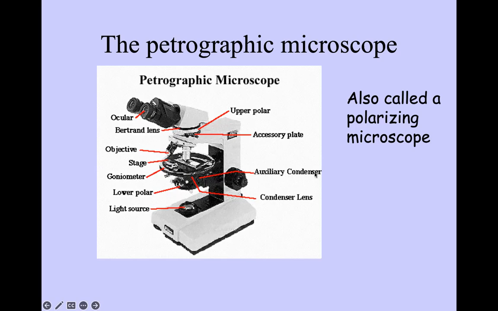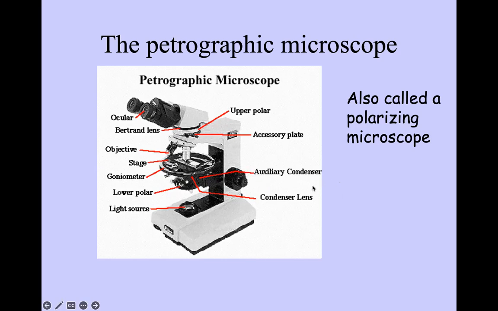Being a condenser, it makes the light beam condense to one spot. If you condense the light beam to a particular location in your sample, that's very useful in some situations. So in that case this auxiliary condenser can be used, and you can make it in or out of the light beam as an optional component.